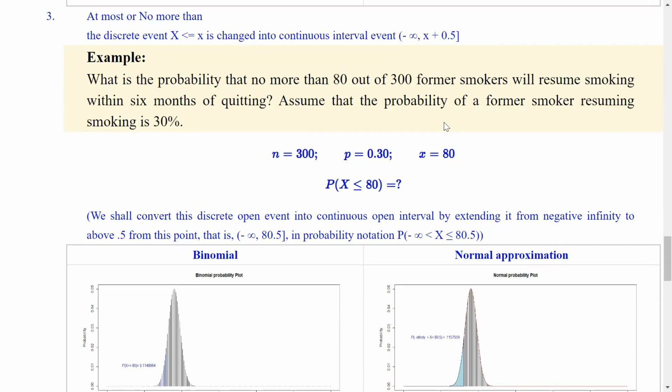Consider this example that no more than 80 out of 300 former smokers will resume smoking within 6 months of quitting. In the past, 30% did resume smoking.